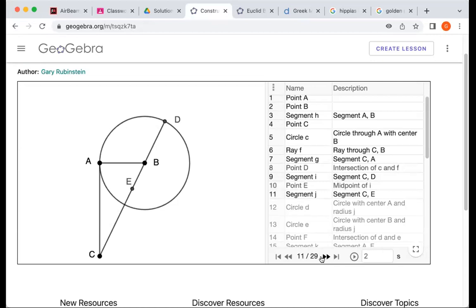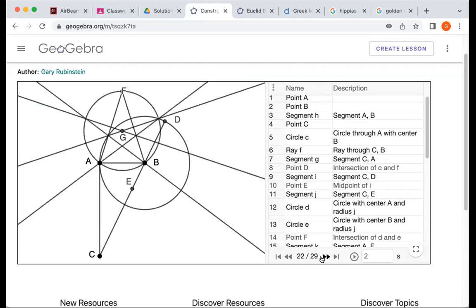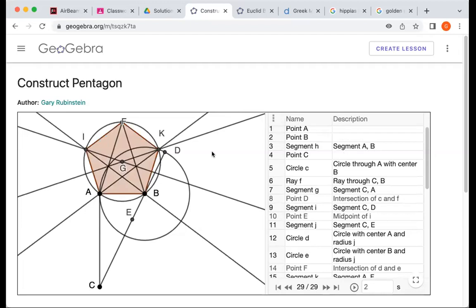I used that to get the golden triangle. I put a circle around that triangle with perpendicular bisectors, and then I had angle bisectors that got me the 2 points I needed for my pentagon. Well, that is pretty crazy. Amazing.